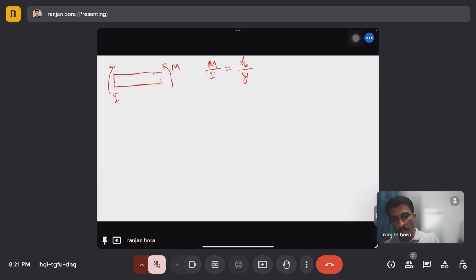If we assume this cross section, in bending it is known as the neutral axis. Neutral axis means at this axis the bending stress is 0, sigma b is 0, and it gets increased away from it. This is y, this coordinate is y.